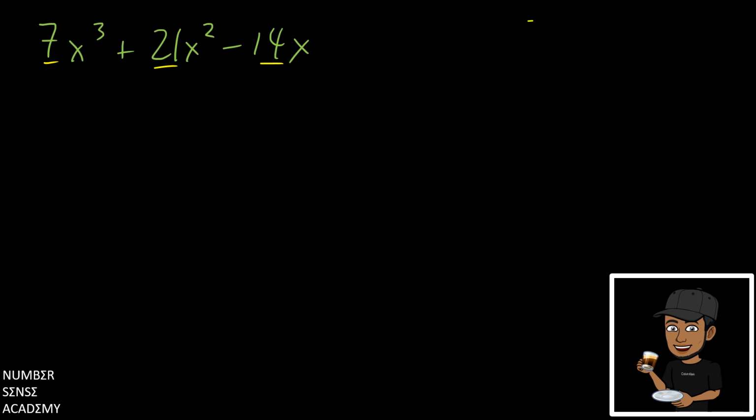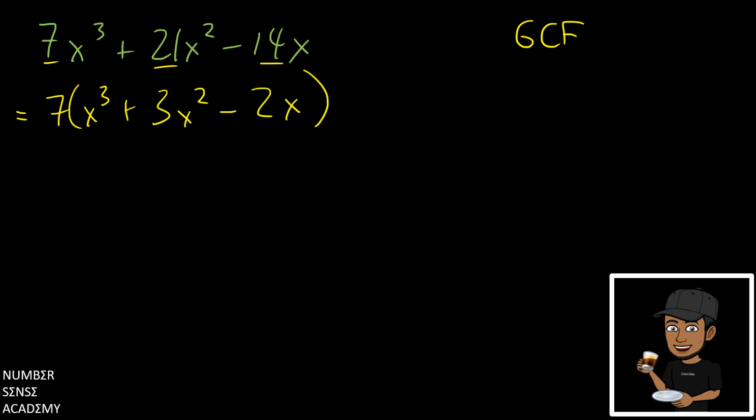So the first thing I'm going to do is pull out the greatest common factor, which for 7, 21, and 14 is 7. So I have 7, then x cubed, then 3x squared, and then minus 2x. Remember, you always got to be attentive to the sign.